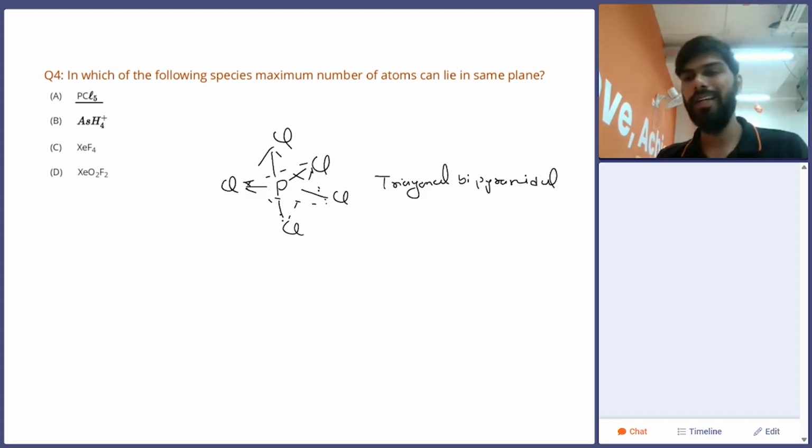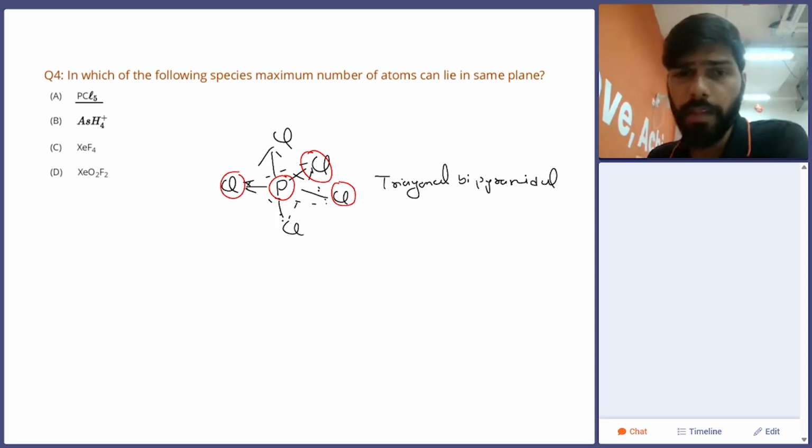So here along with the phosphorus, okay, I am using a different color, along with the phosphorus, chlorines, they lie in the same plane. If they are lying in the same plane, so total there are four atoms in the same plane.